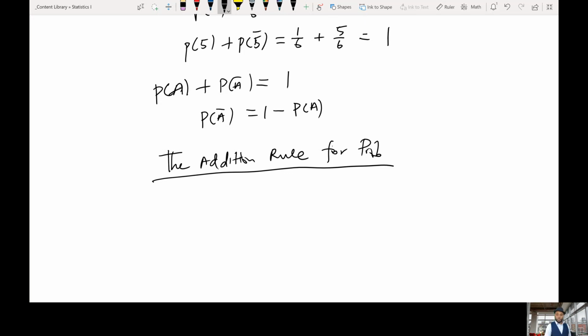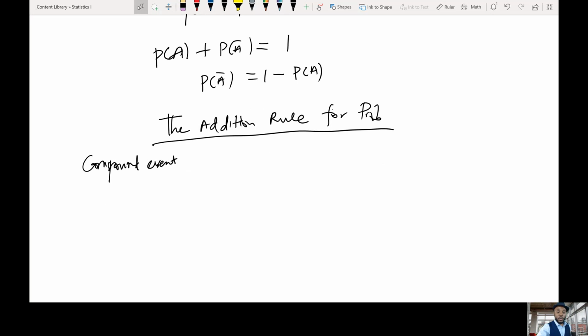So what we are really saying here is that we have a compound event. A compound event is an event that joins 2 or more simple events. Think of it as a compound sentence that joins 2 or more simple sentences.